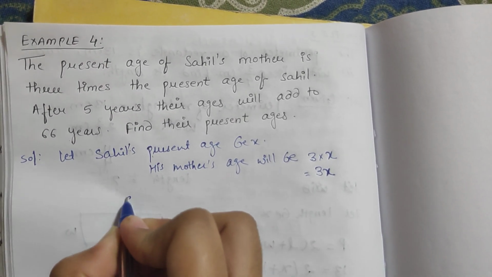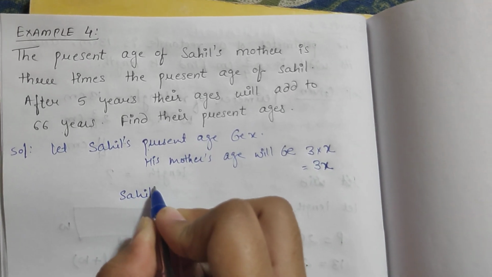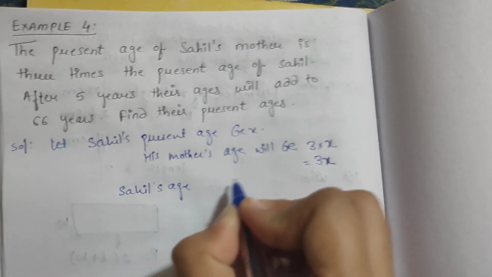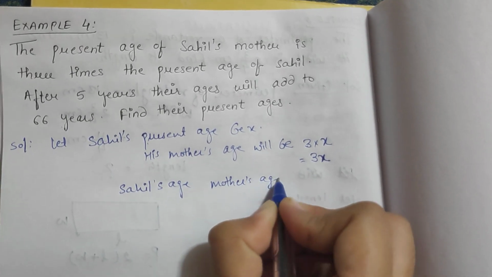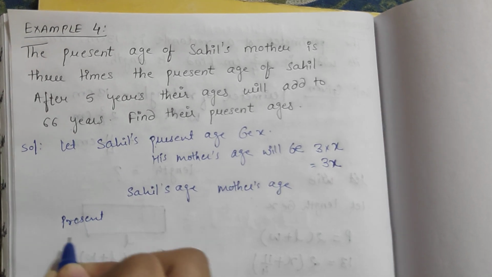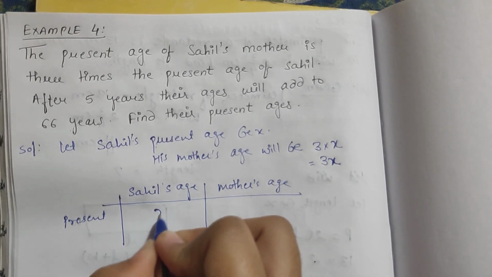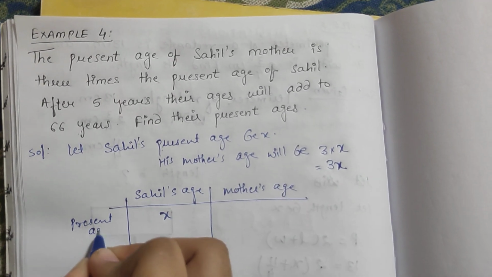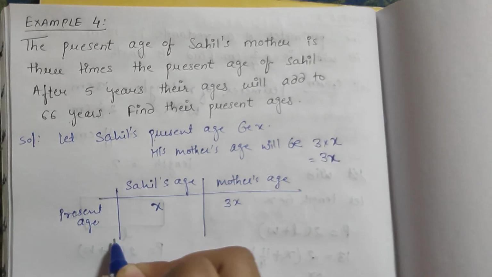It means what? If we see in the form of a table, Sahil's age and his mother's age, present age. Here the present age of Sahil is x, and his mother's age is 3x.